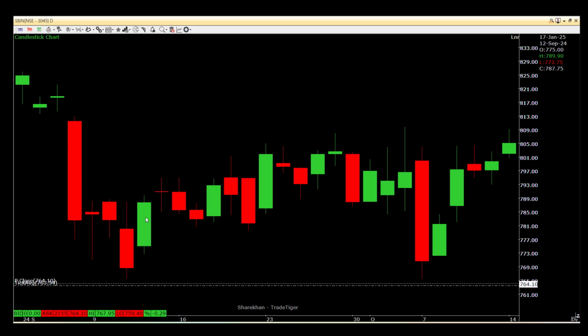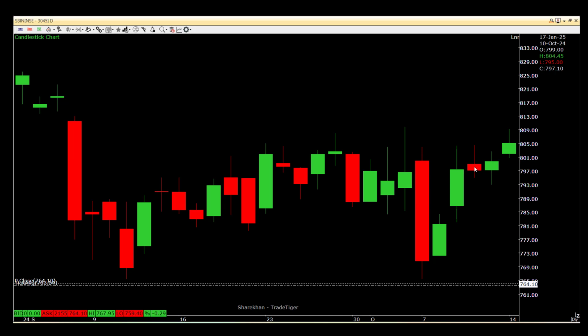Then I will see if any day, suppose this is the red candle, the low price is 795. So will you say that my stock is in loss? No, because you bought it at around 789 and now this red candle after a few days is showing 804 high.